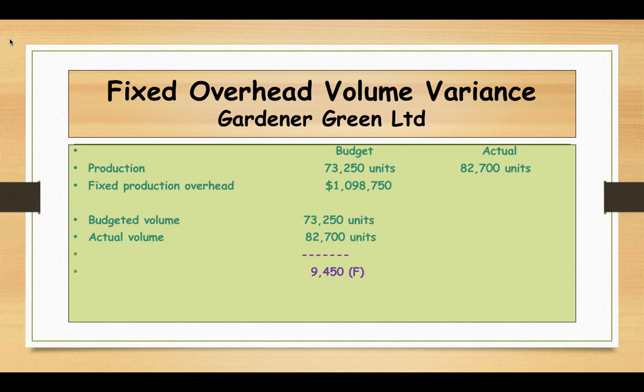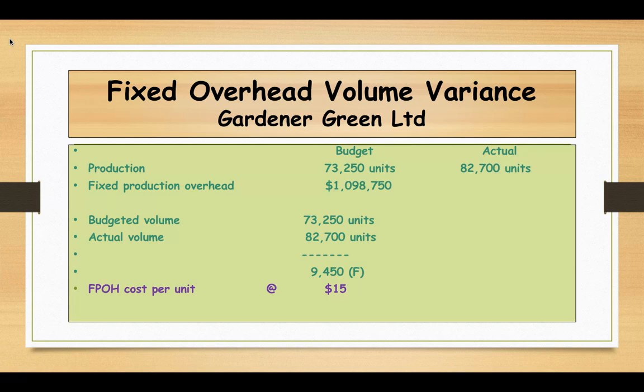As we know, we need to convert this into money value. So we need to times this by budgeted fixed production overhead cost per unit, which is 1,098,750, that's the budgeted fixed production overhead, divided by the 73,250 units.